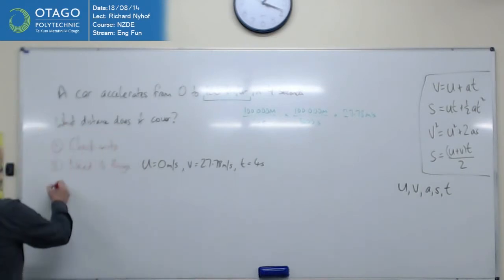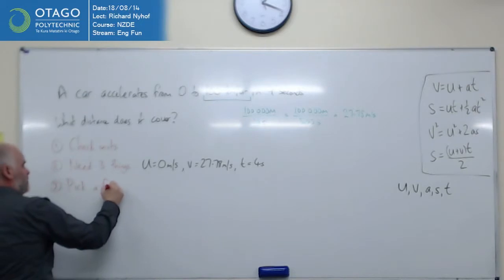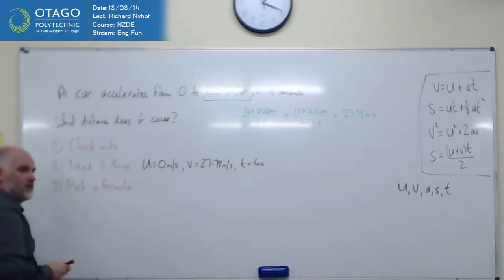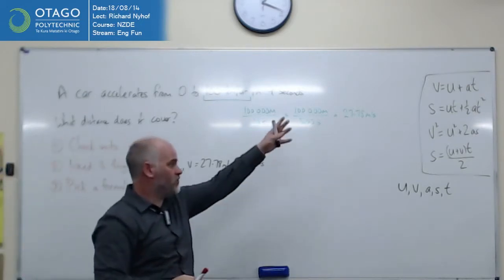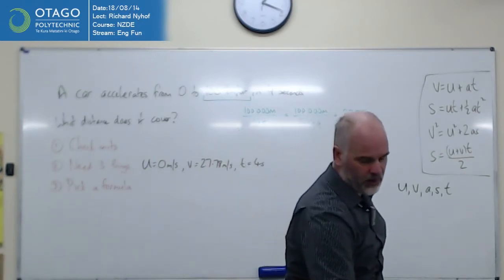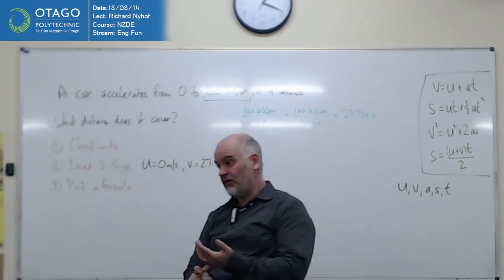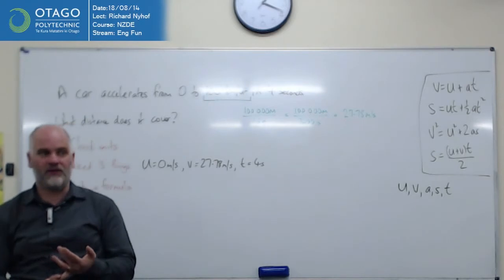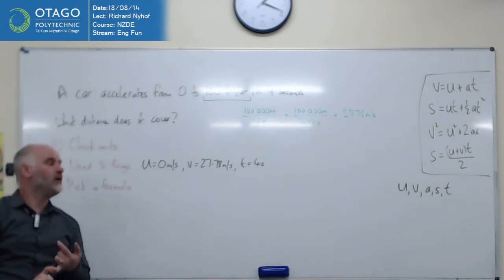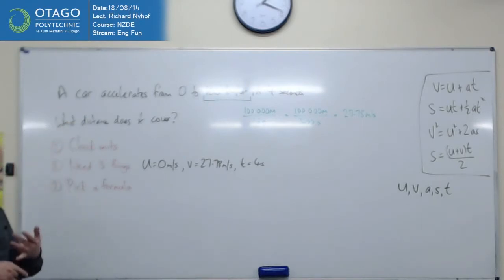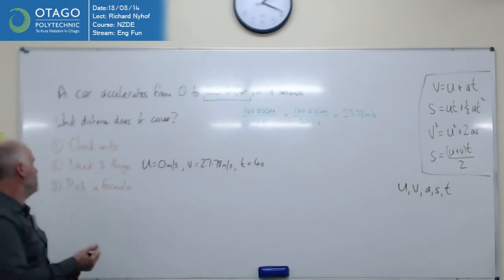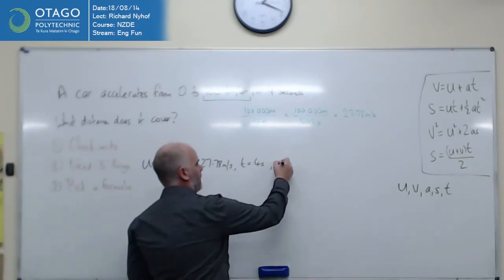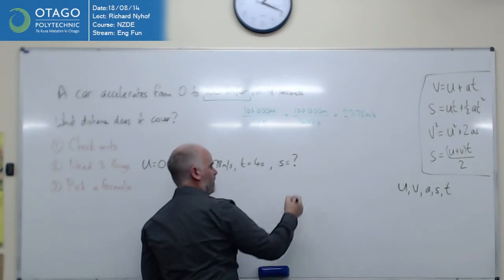Next thing you normally do is pick a formula. Okay, so here's your choices of formulas. You want to pick one that's got the thing you want. Okay, if you don't have the thing you want, it's not going to be much help. And then the things you've got, effectively. So often on here, I just put down the thing I want as well.